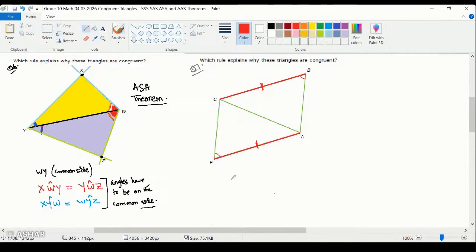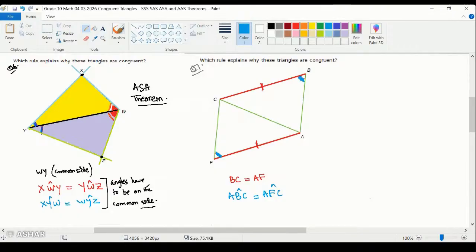The length of BC is equal to AF. One side is given to us, right? We have an angle that is given to us. This angle equals this angle, right? So can we say the angle ABC would be equal to the angle AFC, right? That means one length and one angle is given to us.